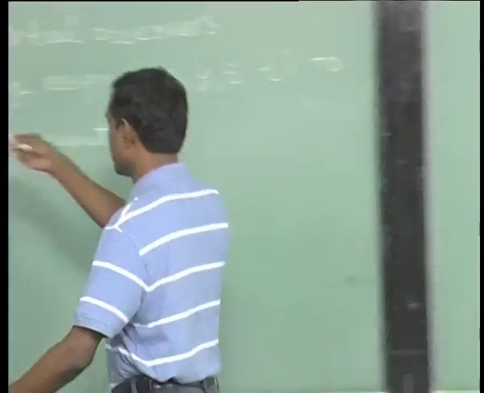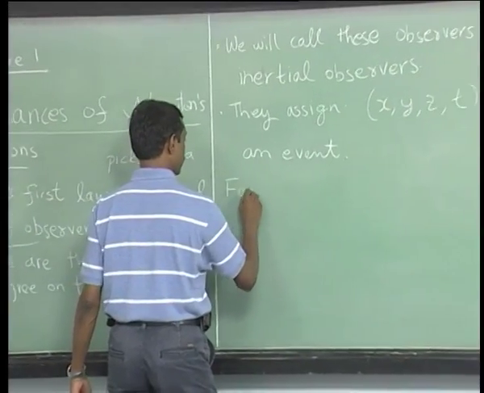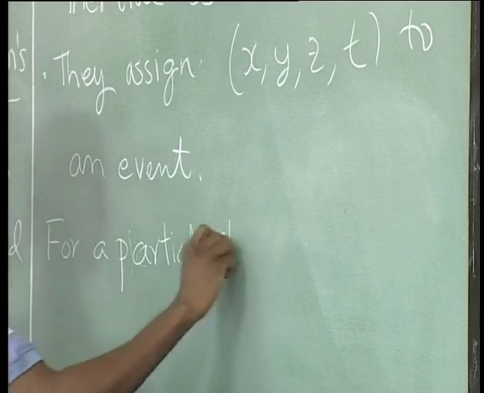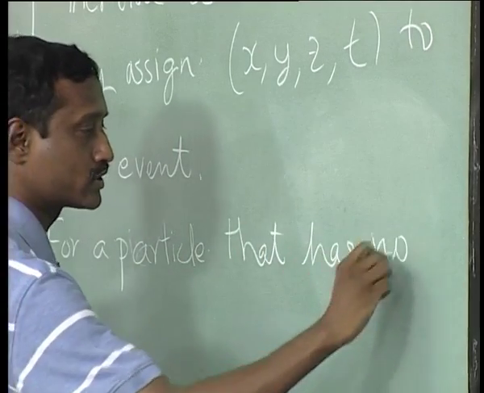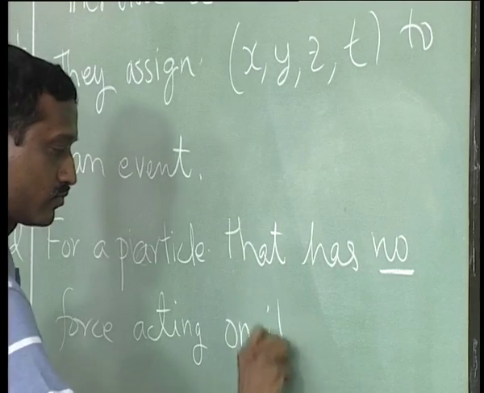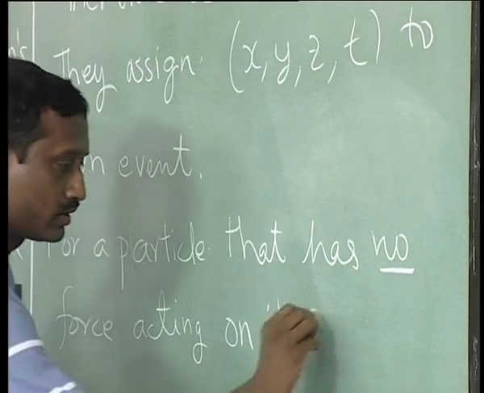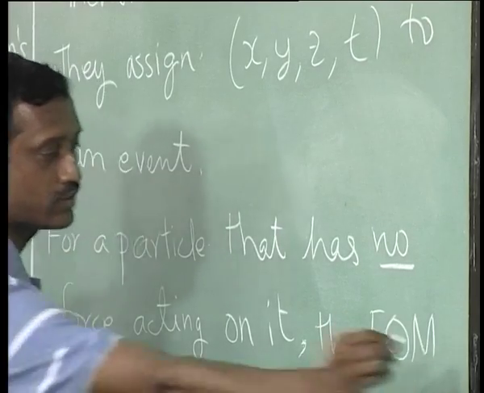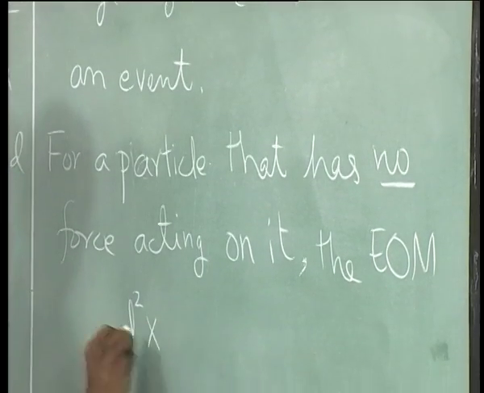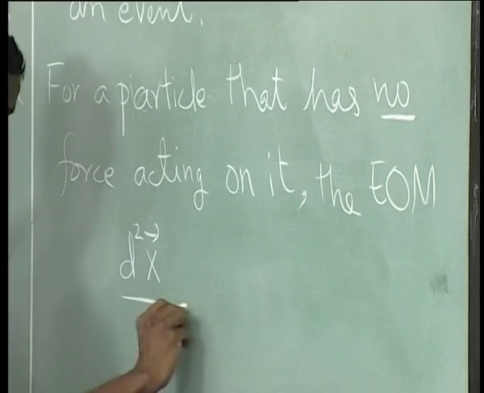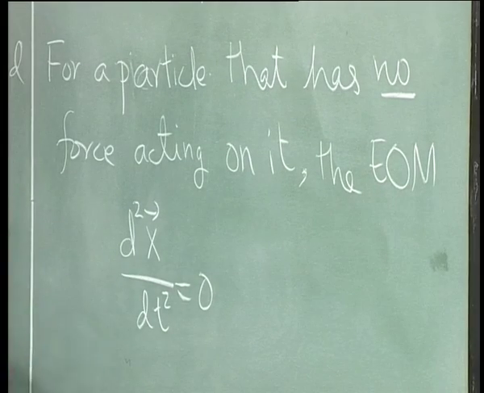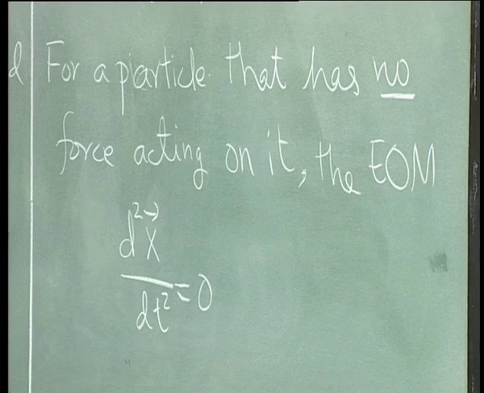So, for a particle that has no force acting on it, the equation of motion, which will be a standard short form, EOM, for equation of motion, is nothing but the second derivative of x with respect to time equal to zero. I could have written a mass out here, but I can just get rid of it. So, this is the equation.